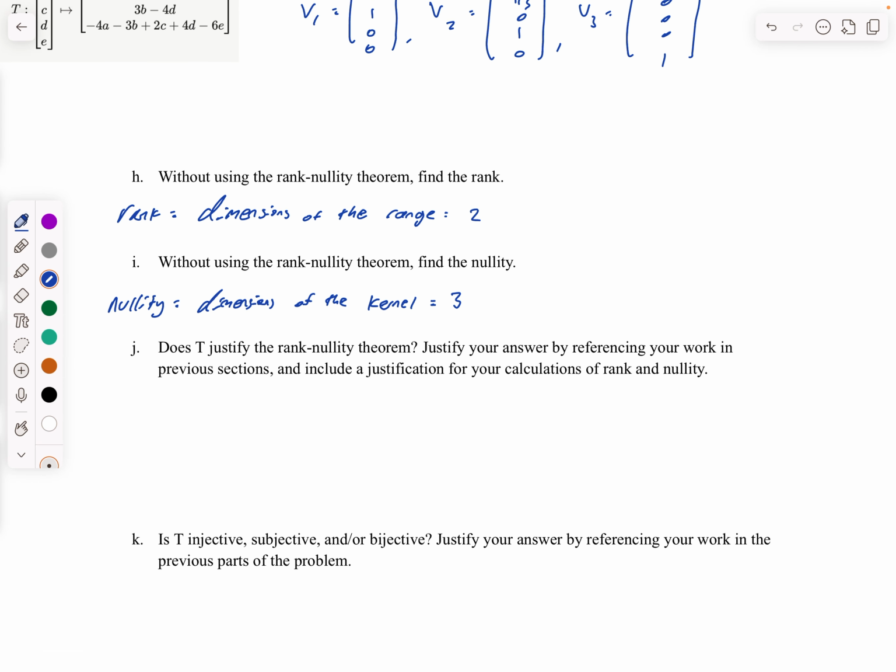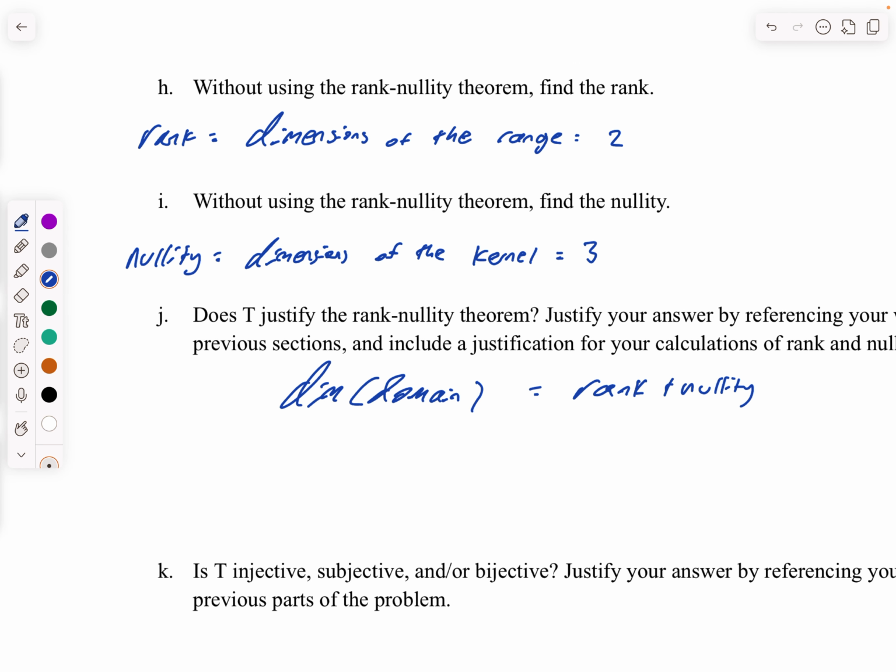Okay, does T satisfy the rank nullity theorem? Justify your answer by referencing your work and include justifications for your calculations of rank and nullity. All right, what is the rank nullity theorem? That asserts that the dimension of the original domain of T is equal to rank plus nullity.